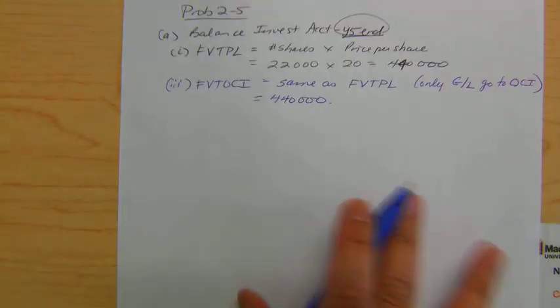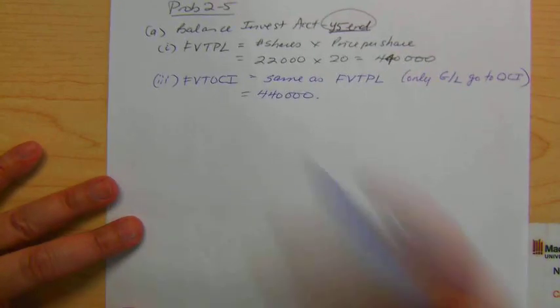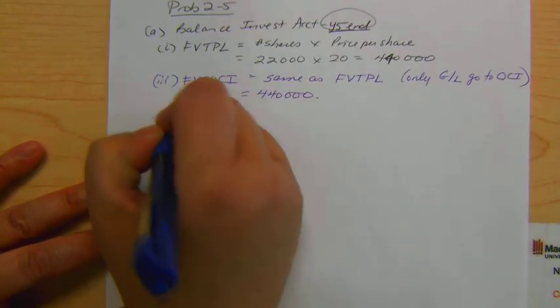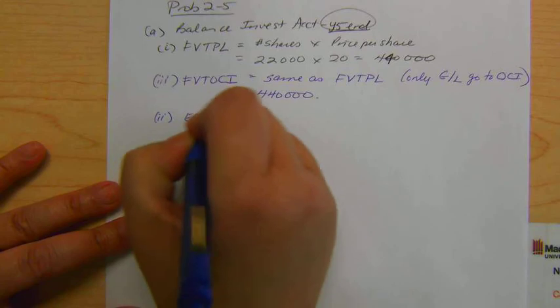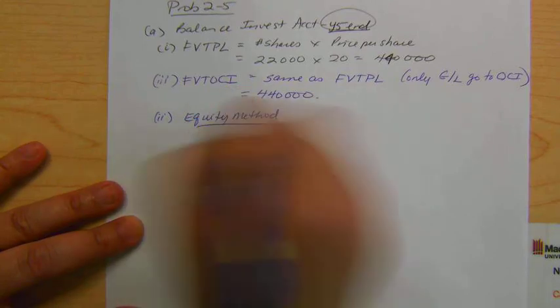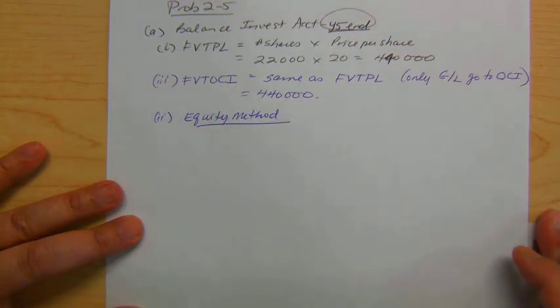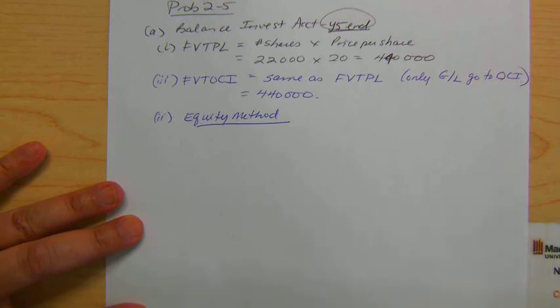So here now, part 2, they want equity method. So basically, to find the balance at the end of year 5, does it matter what happened in year 4 and all the way through year 5? Yeah, it does, because we're not just marking to fair value.